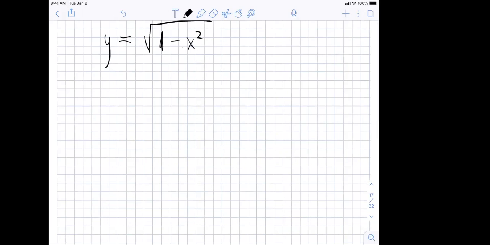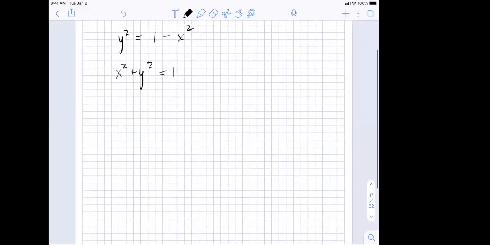So if I square both sides, I get y squared is equal to 1 minus x squared. And then if I add x squared to both sides, I'm going to get x squared plus y squared is equal to 1. And what is that equation? Circle. Yeah, this is a circle of radius 1, right?